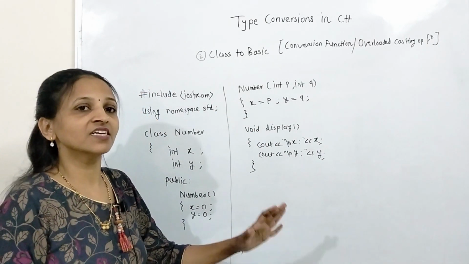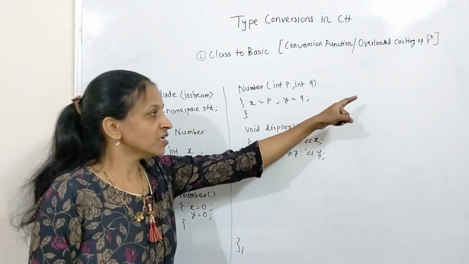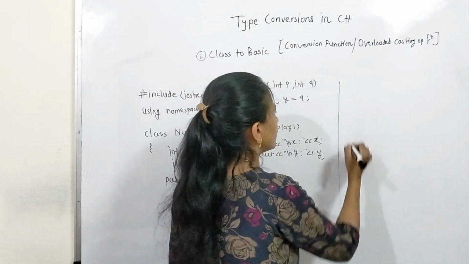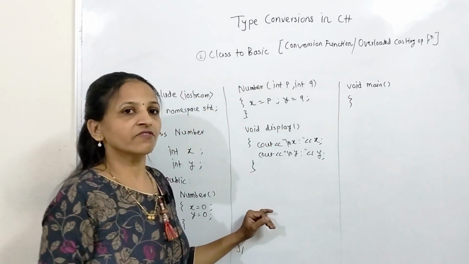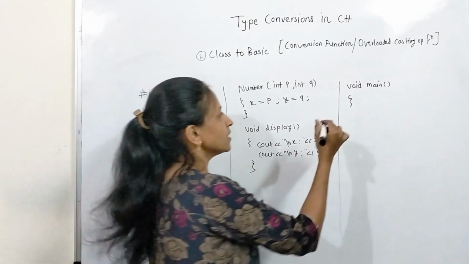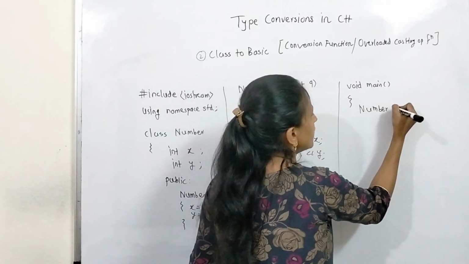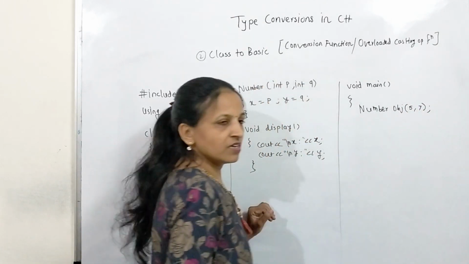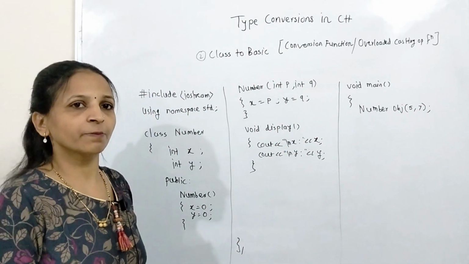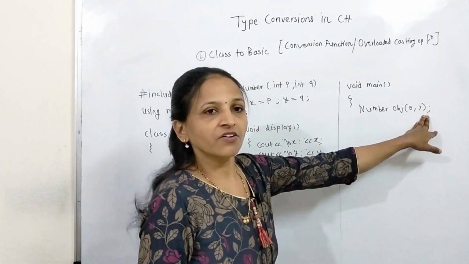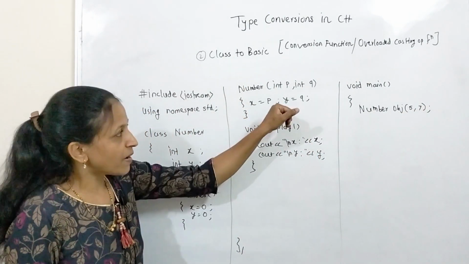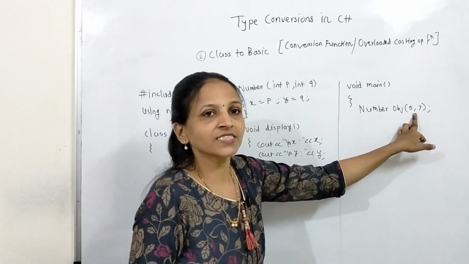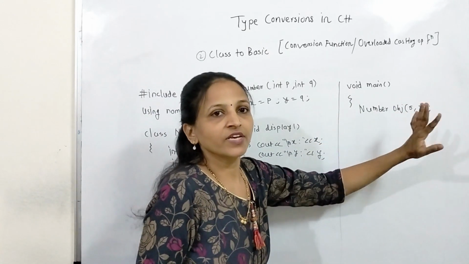But where is the need for this type of type conversion? For that, first we have to see the main function. Suppose we have created one object of this number class: number, let obj, and I am passing two values, let 5 and 7, so initialization will be done automatically. When we pass 5 and 7, the parameterized constructor will be called automatically, and 5 will be set to x and 7 will be set to y.